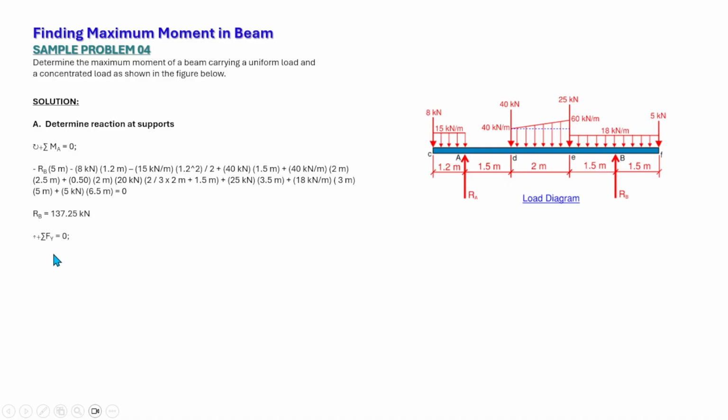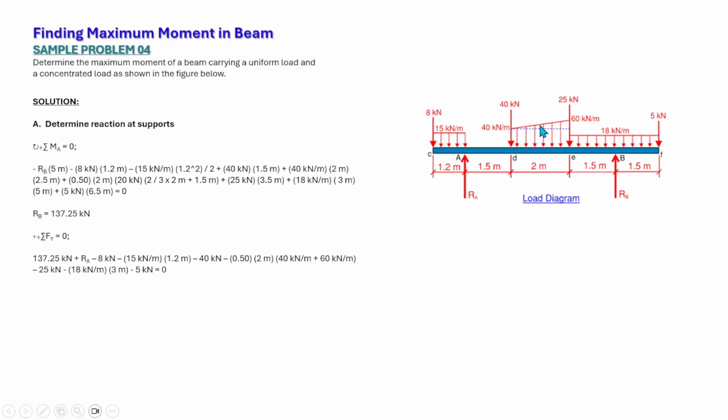Now we need to determine the reaction at A. By summing up forces along Y, positive upward, equal to 0, we have 137.25, the reaction at point B, plus RA, that is upward, positive, minus 8 kilonewtons, minus 15 times 1.2, minus 40 kilonewtons downward, that's negative, minus 0.5 times 2 times 40 plus 60, that is the trapezoidal load.